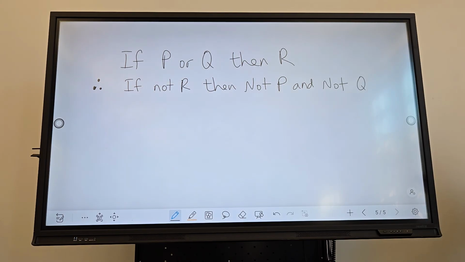You can take this concept and use it in other statements, like if Jane is a math major or Jane is a computer science major, then Jane will take Math 150. Jane is a computer science major, therefore Jane will take Math 150.